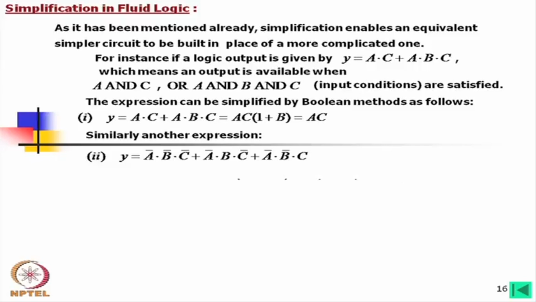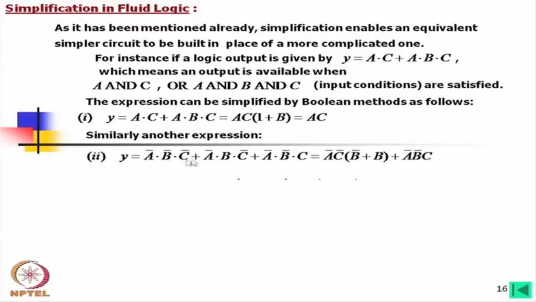Similarly, another expression, if we consider Y is equal to A bar dot B bar dot C bar plus A dot B C bar plus A bar dot B bar dot C, that also can be simplified in this form. How?